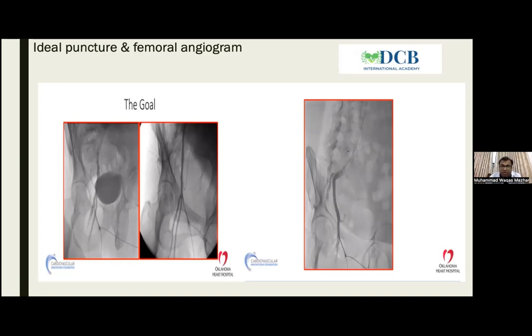If we are not able to go with the left, then we switch to the femoral approach. The femoral approach is our last approach. In Pakistan, we have 5 high volume interventional cardiology centers, and all of them use the radial approach by default. Okay, so it's quite common to use. Yes, sir, the radial approach as a default.